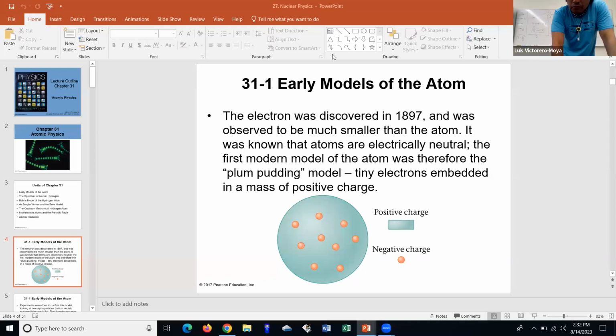that the atom was basically a positive charge, and you have negative charges stuck on the crust of the positive charge. Now, observations led us to understand that the electrons were not just static, but they were moving.